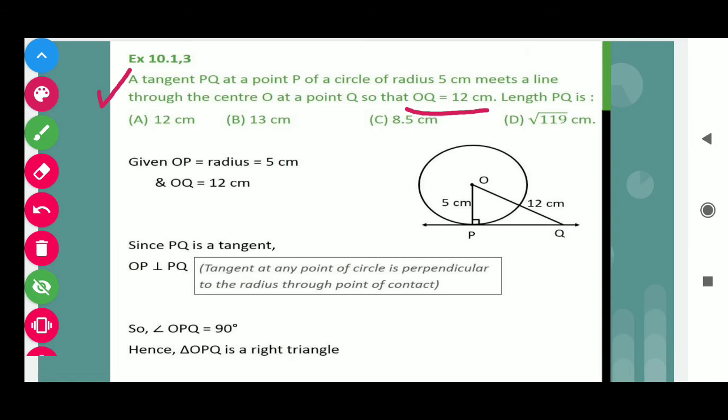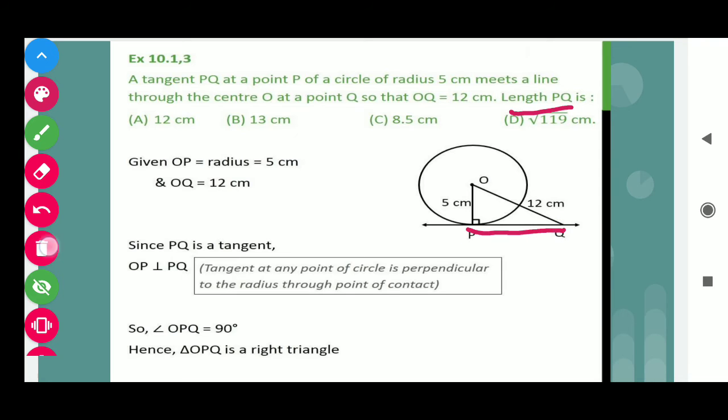Students, you can see the diagram here. Here we have a tangent PQ at point P, P is the point of contact, with radius OP equal to 5 cm. Through the center O, we make a line up to Q and it is given that OQ is equal to 12 cm. Now students, we need to find the length of PQ.